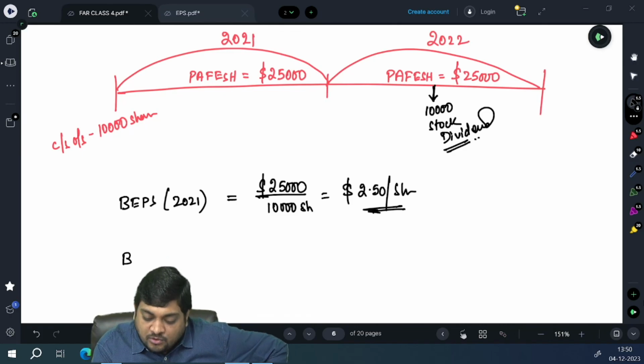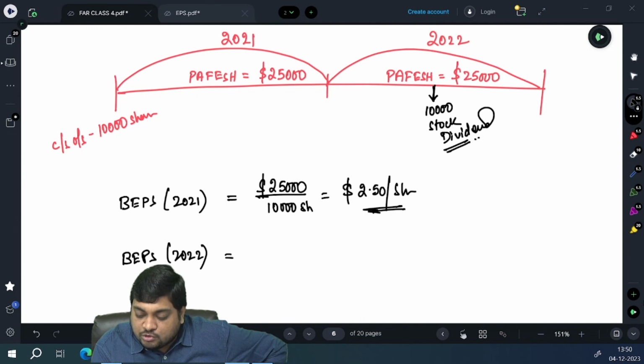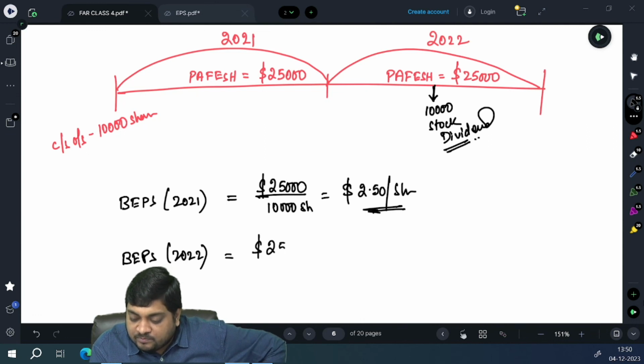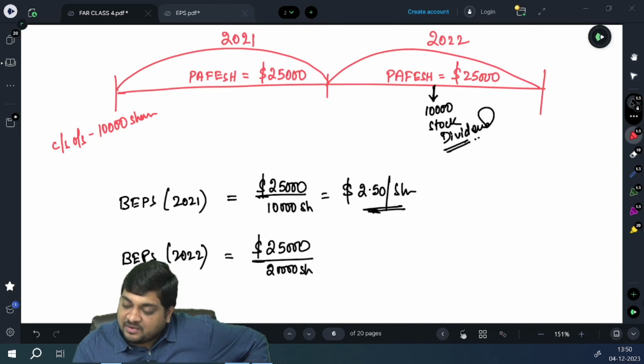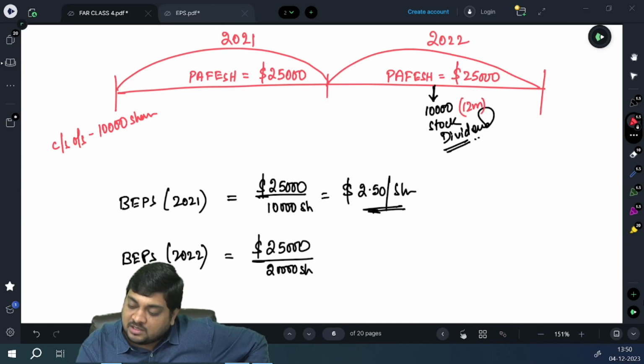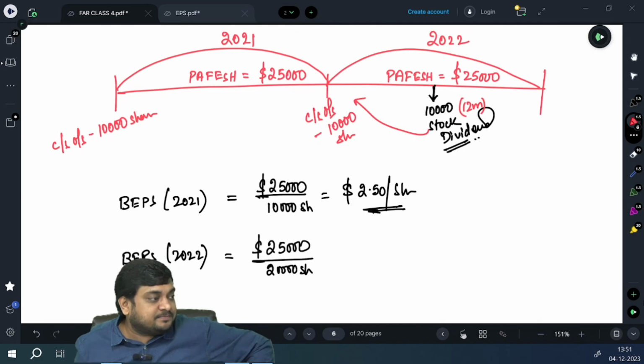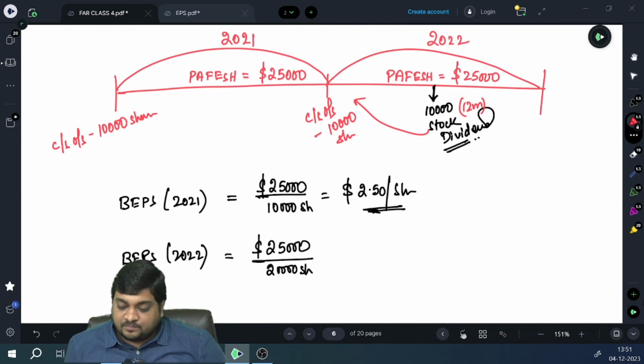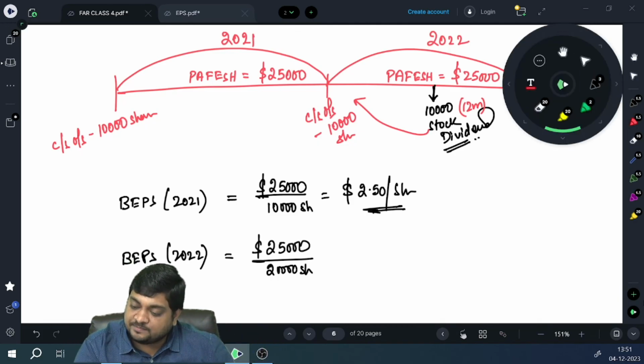Now when you do BEPS for 2022, it is 25,000 by, because its effect will be considered for 12 months, it will be assumed right from the very beginning. So accordingly this will change.